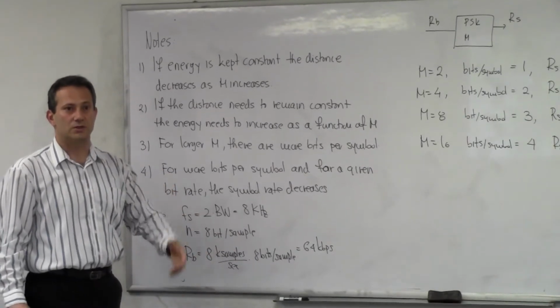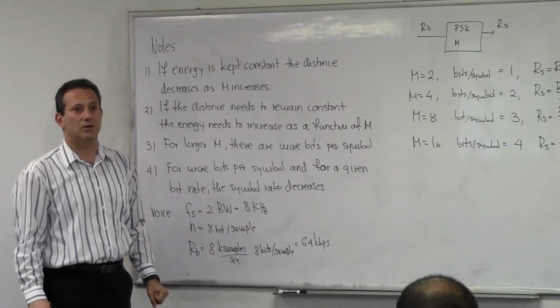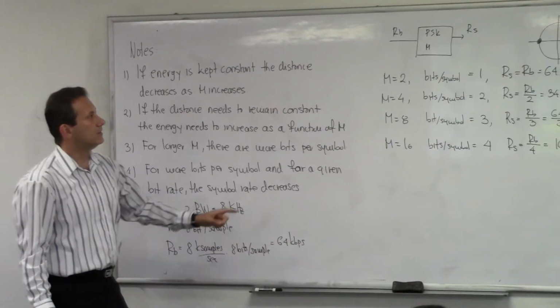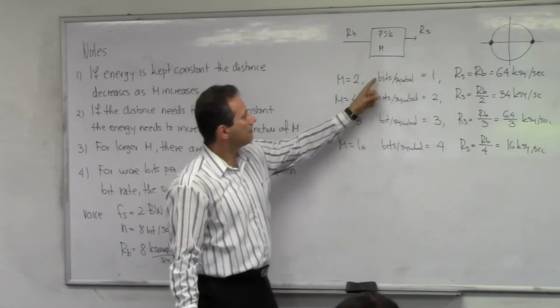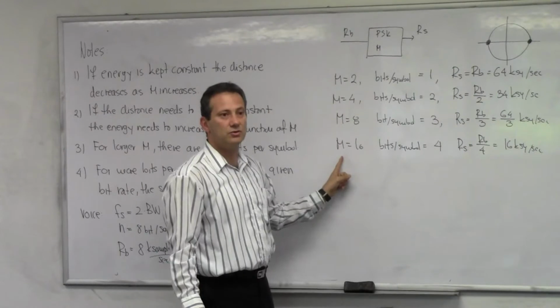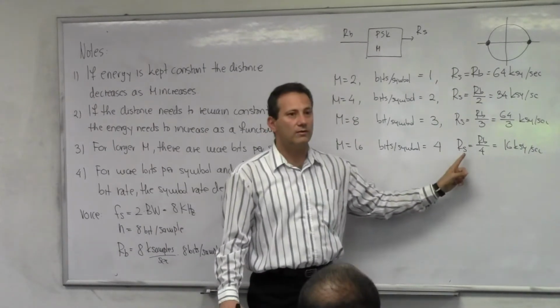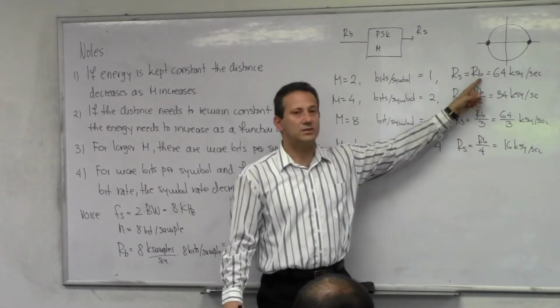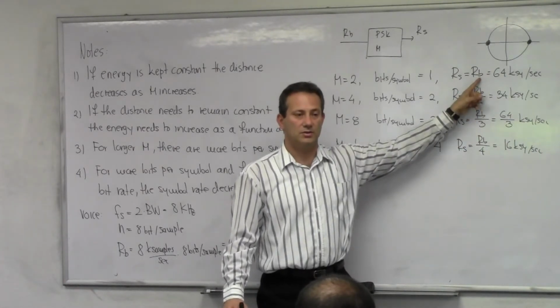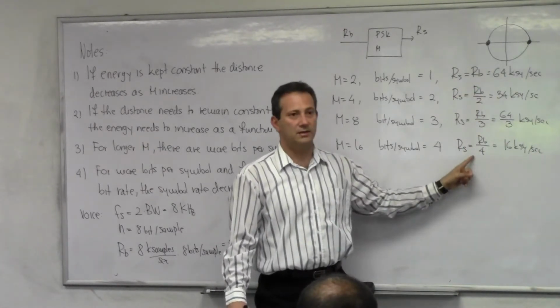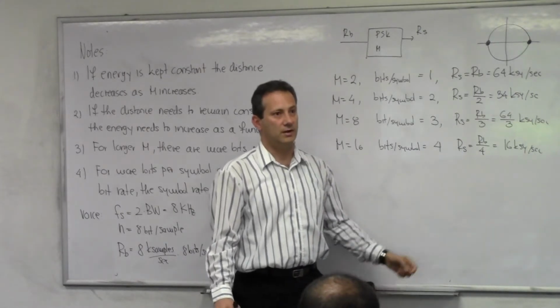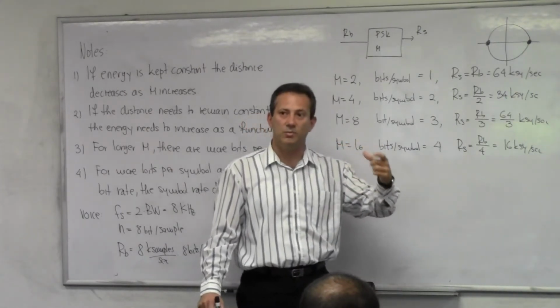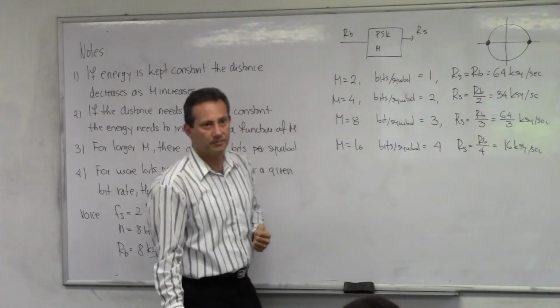So your voice is naturally represented with 64 kilobits per second. But depending on how many levels you choose, you have control on how fast you signal, right? You may signal at the rate that's the same as your bit rate, but you may signal at a much slower rate, depending on how many bits you pack on each individual signal.